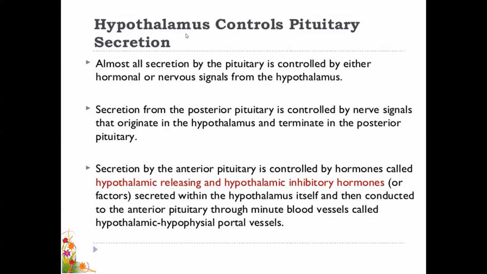These hormones produced by the hypothalamus control the secretion of anterior pituitary hormones. They are brought to the pituitary gland through minute blood vessels called hypothalamic-hypophyseal portal vessels.